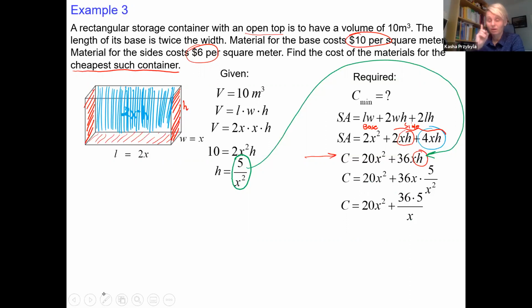Okay, now we do have this function. What I was going to say, this green circle, because that's kind of like a restriction because of that 10 cubic meters. But do you think I will have any restriction? The h is defined as 5 over x squared. X and h is positive anyway.